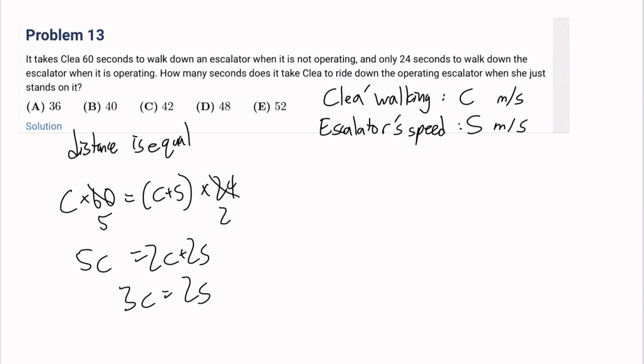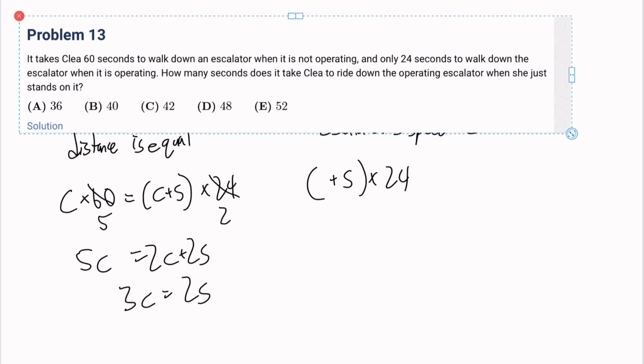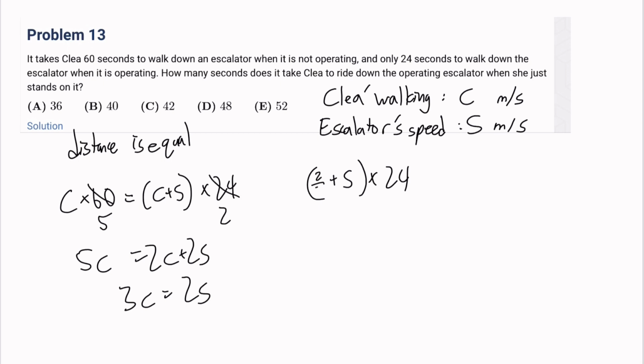How many seconds does it take Clee to ride down the operating escalator when he just stands on it? So we need the time when it's S, right? And the distance is C plus S times 24, and this is the speed and this is the time, right? And so we need this value when this is just S. And since 3C equals 2S, we can see that C equals 2 over 3 S. I'll need a bit more space. 2 over 3 S plus S times 24.